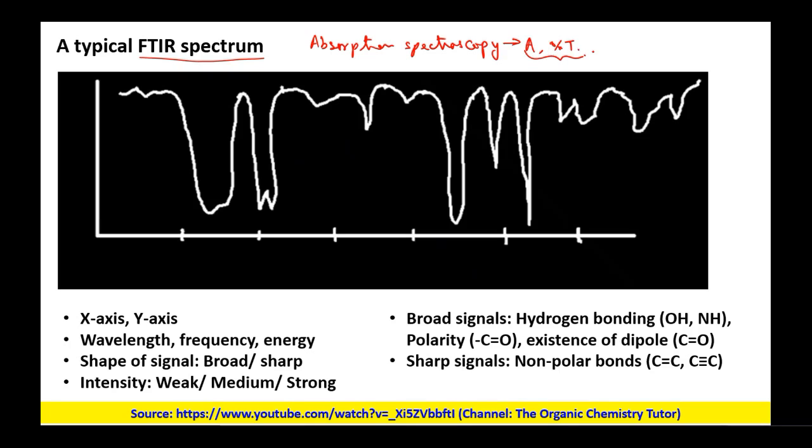This is the variable which changes with the change in the chemical component. Now, what is the independent variable here? The independent variable is the wavelength of the IR radiation.